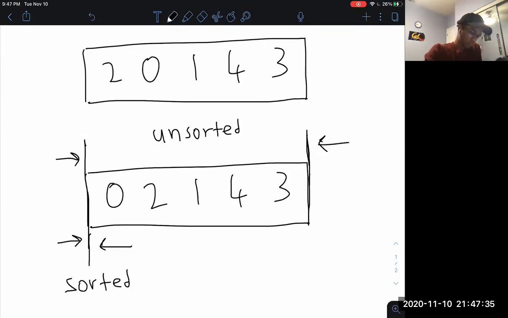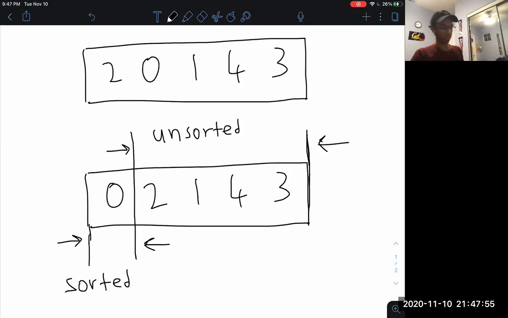And now all we need to do to complete this first iteration of selection sort is to move our bounds around a little bit. Okay, so now the sorted portion is no longer empty. The sorted portion is now going to be up to here. And meanwhile, the unsorted portion has shrunk by one element. It's now only 2, 1, 4, and 3.